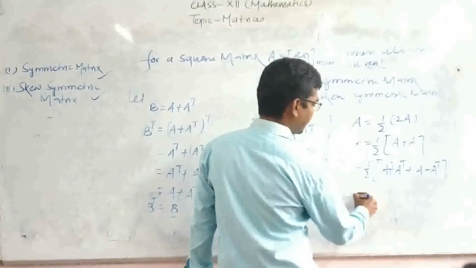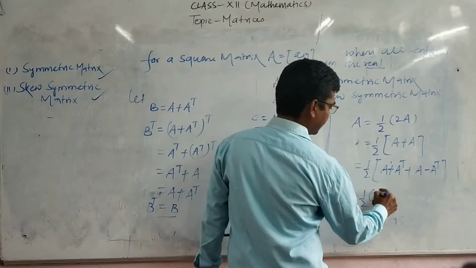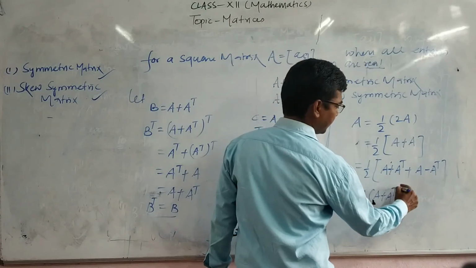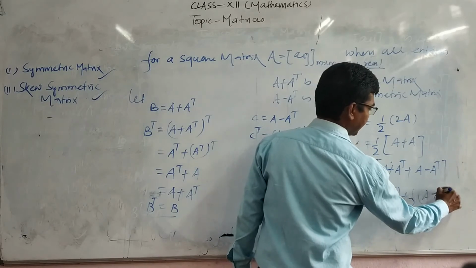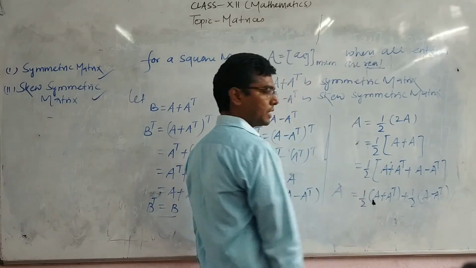So from here we can write it like this: half of A plus A transpose plus half of A minus A transpose, and this is our square matrix.